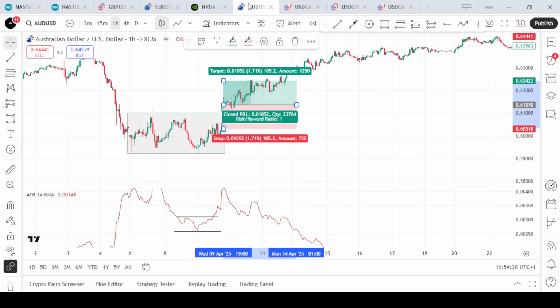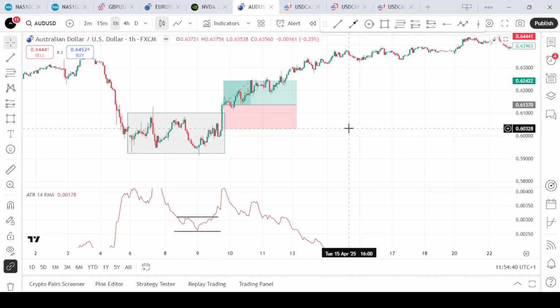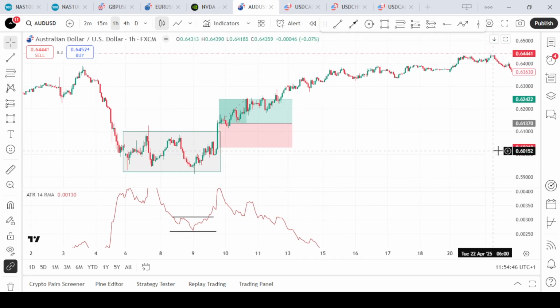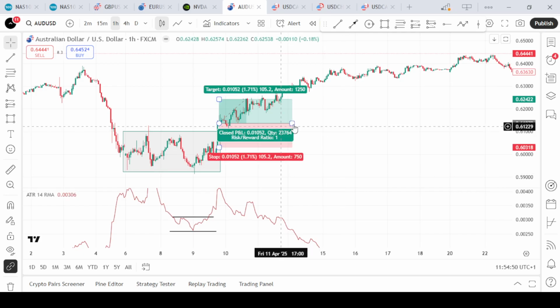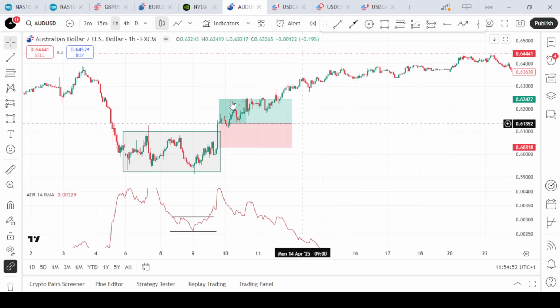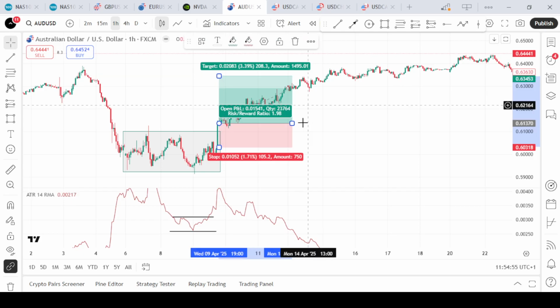Now the fourth step is to set your protective stop loss. Now for a long position, how do you set your stop loss? You calculate your stop loss from your entry value. Your entry value, which in this trade, your AUD USD pair, you would enter at 0.6137.